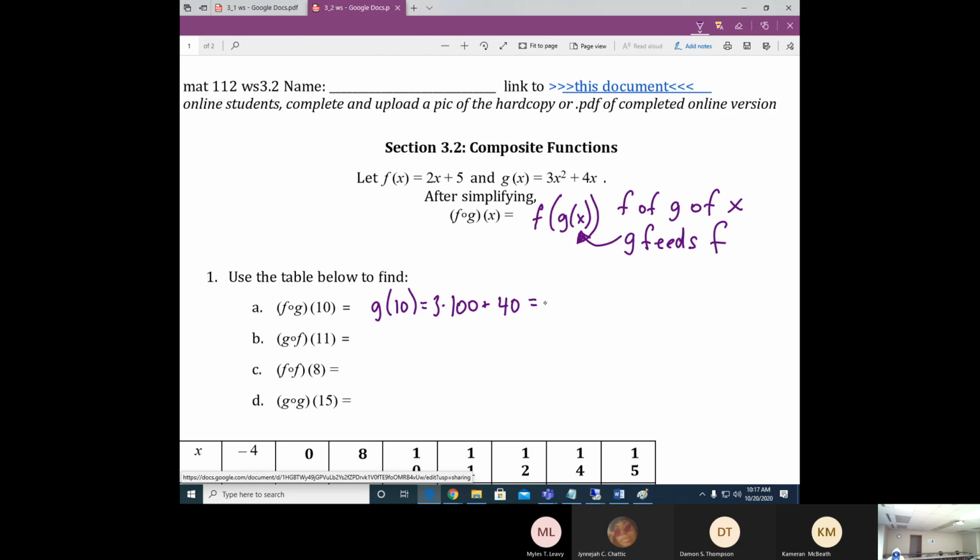So 340. Now I take 340 and feed that into F. So F of 340 equals 2 times 340 plus 5, or 685.